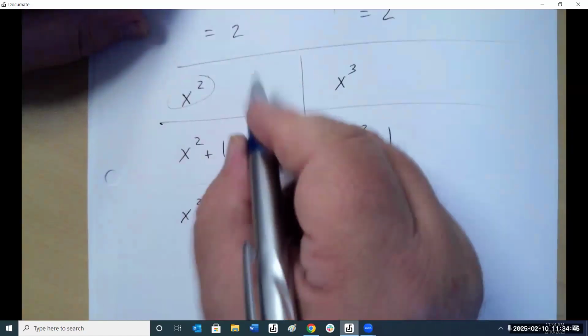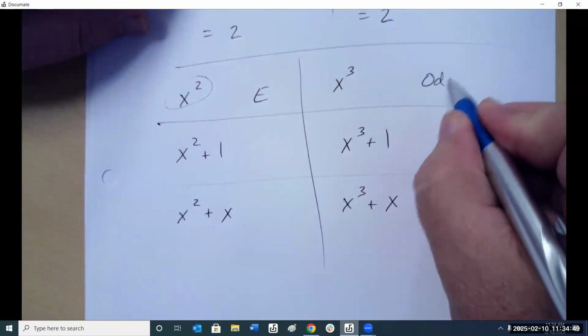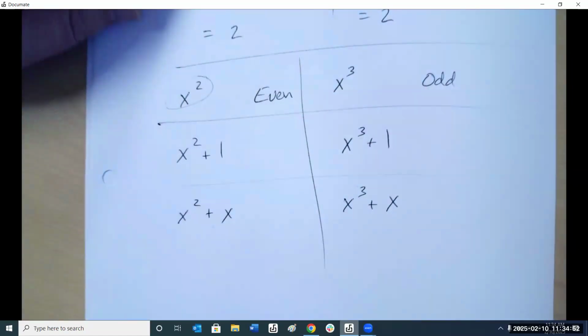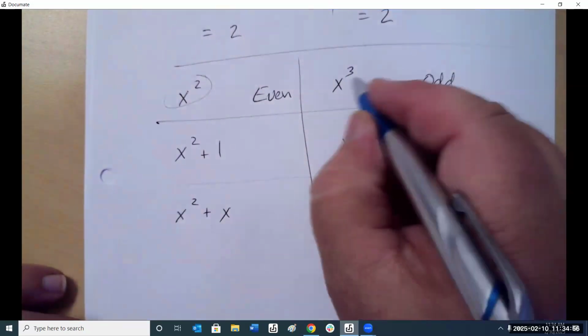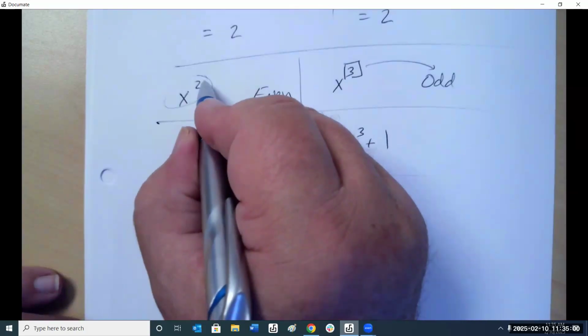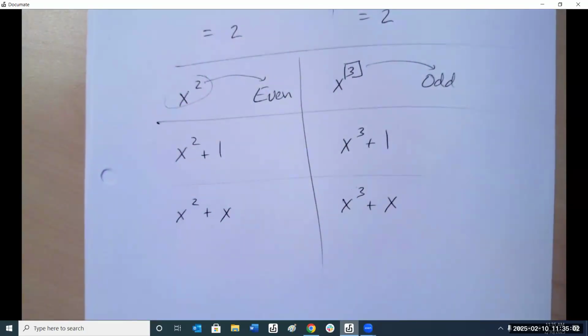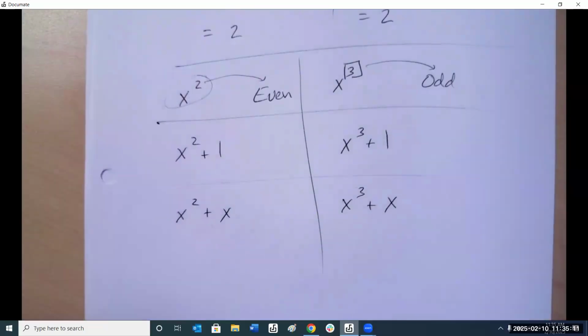We learned that this was an even function and this was an odd. Easy to know. If there's nothing else in there, look at the exponents. This is odd, so it's odd. This one's even, so it's even. So that's a good clue right there. If all of the exponents are odd, then it's odd. If all of the exponents are even, then it's even.